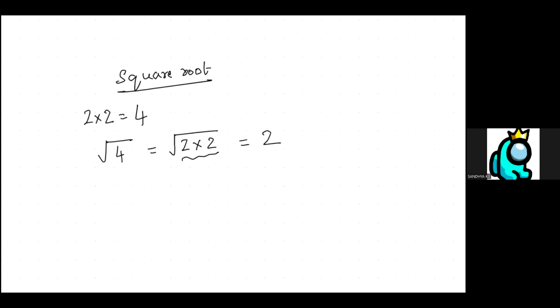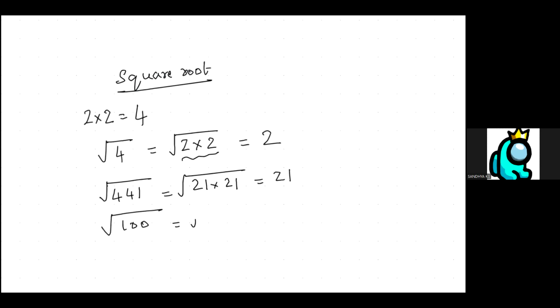Other examples: we have seen 21 into 21 equal to 441. So what will be the square root of 441? The square root of 441 is the square root of 21 multiplied by 21, which is equal to 21. Then the square root of 100. 100 is the square root of 10 into 10, so 10 is the square root of 100.